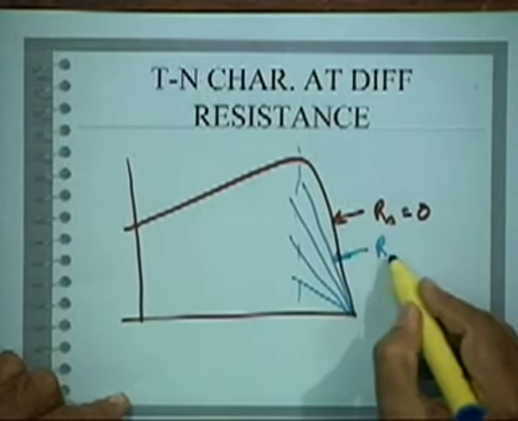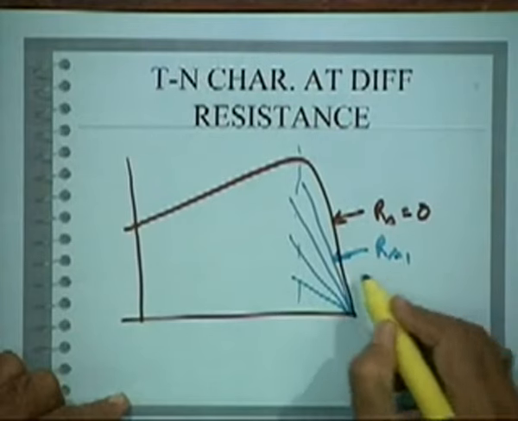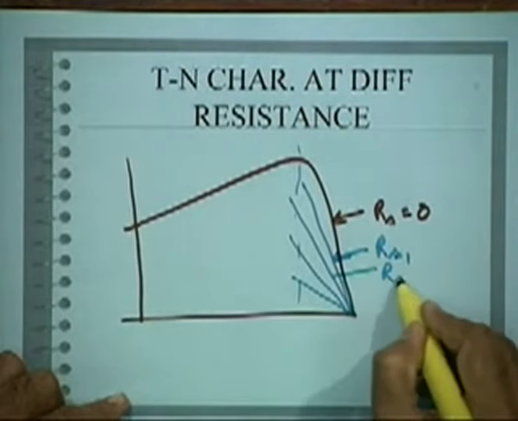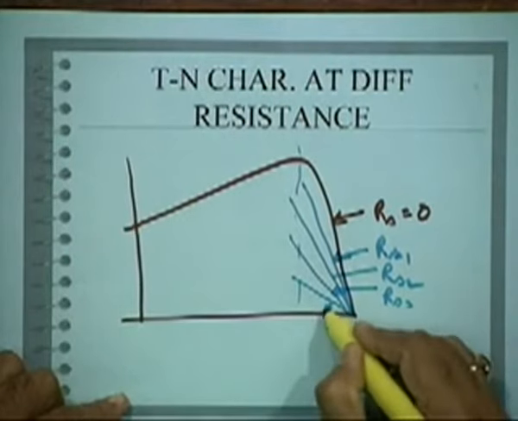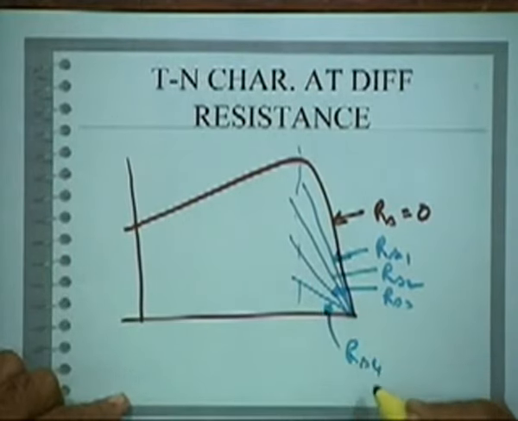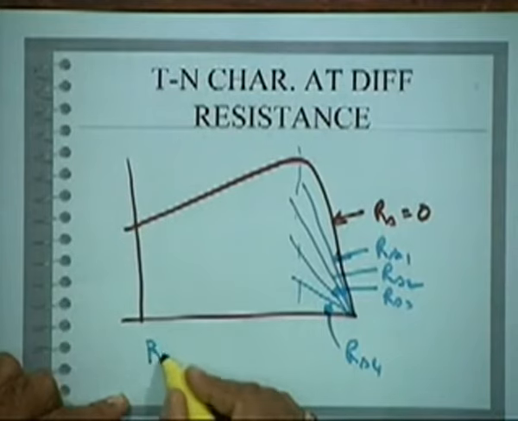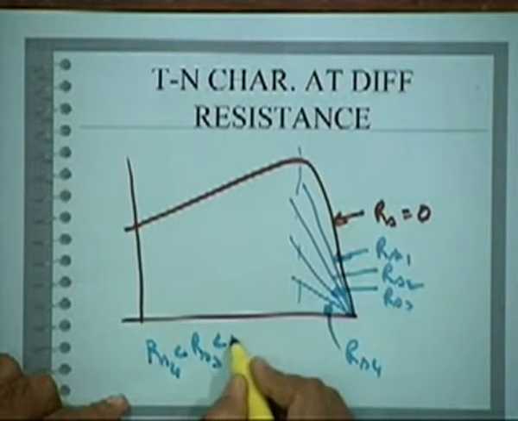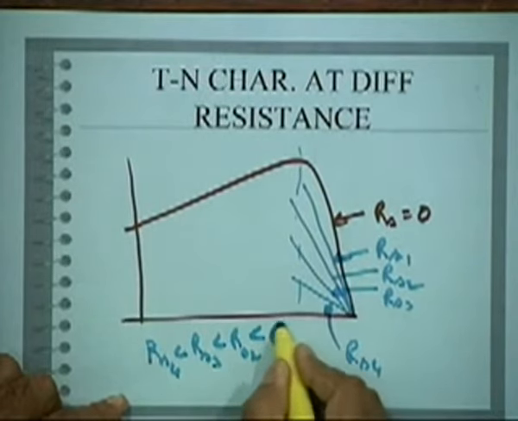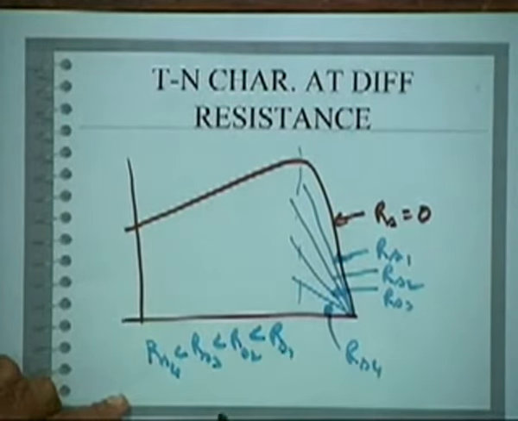So this will be, let us say, RS external 1, RS2, RS3 and RS4. If you include the resistance RS4 greater than RS3, greater than RS2, greater than RS1, right?